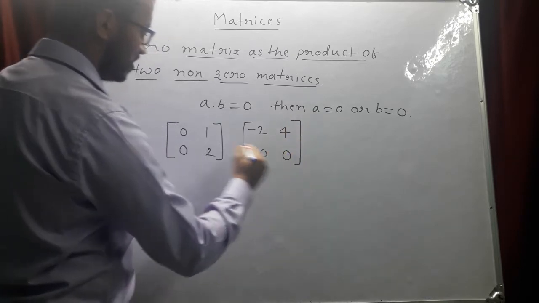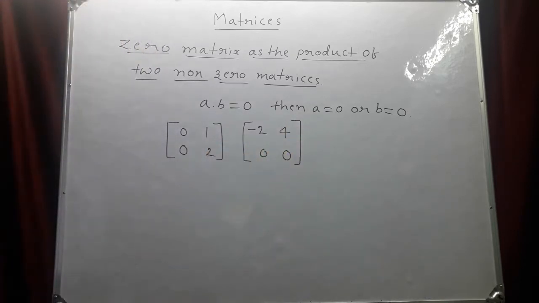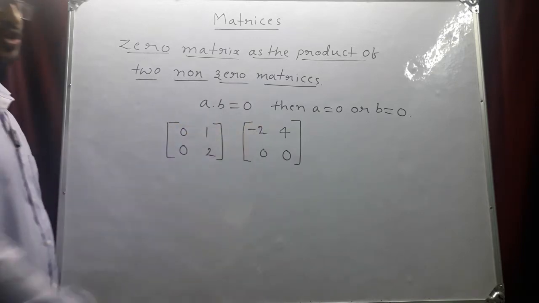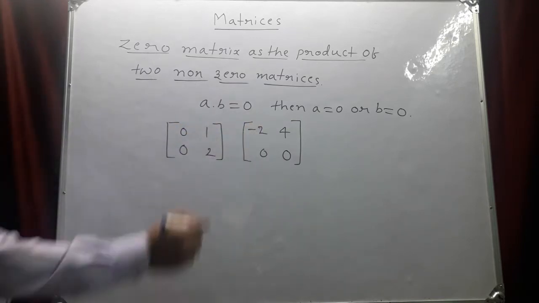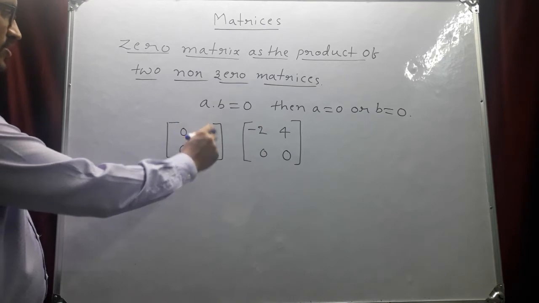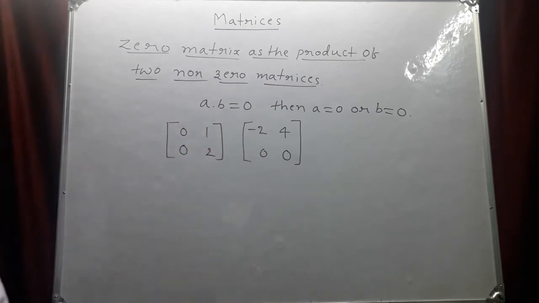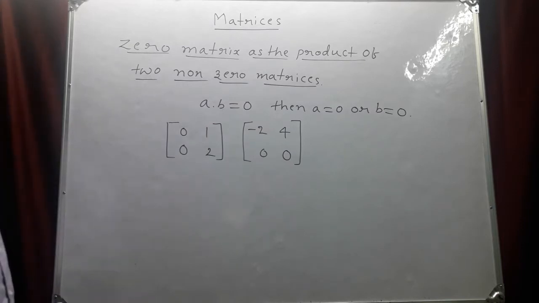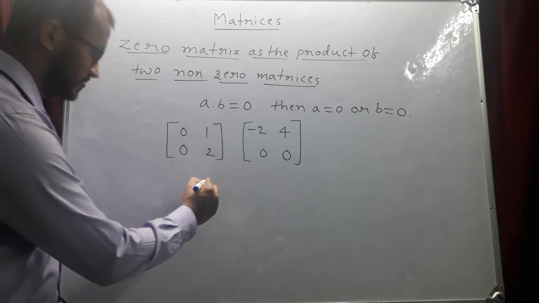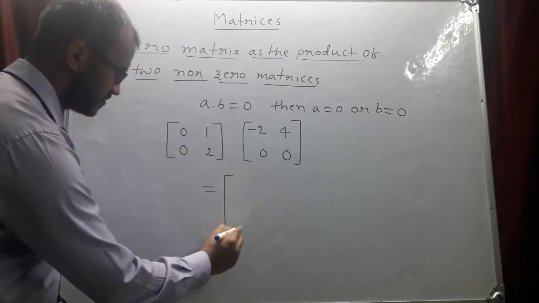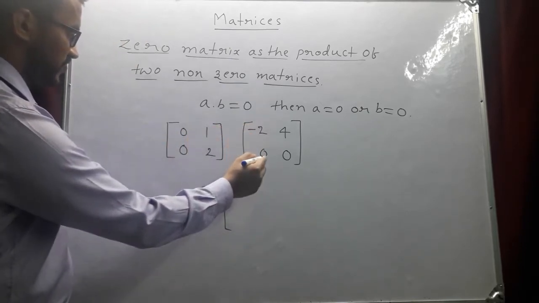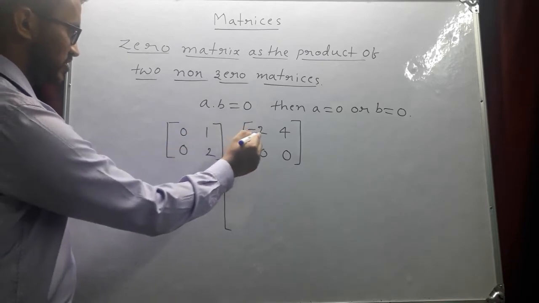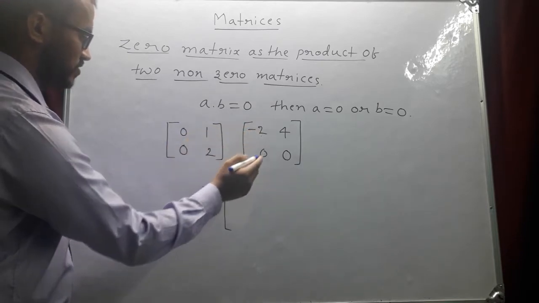Here we have two matrices and both of them are non-zero because at least one element is non-zero in each, and we can find the product of these two matrices as they are square matrices. Let us find the product. First row into first column, 0 into minus 2 plus 1 into 0.